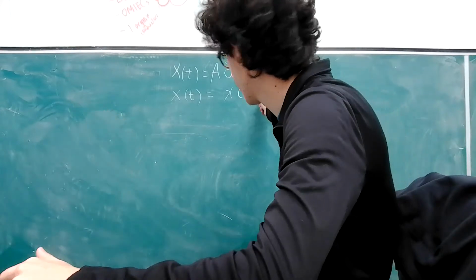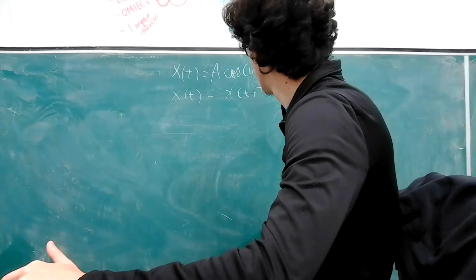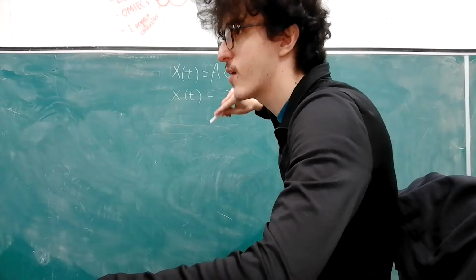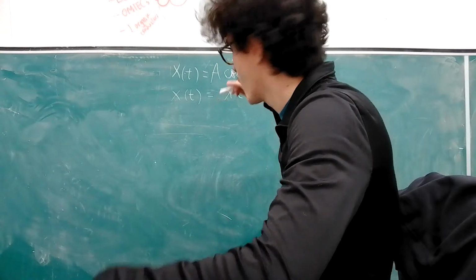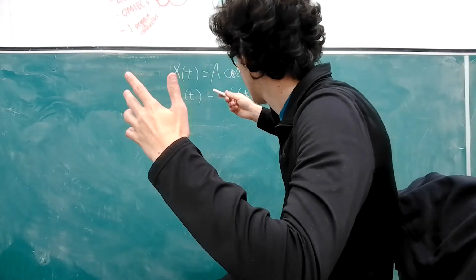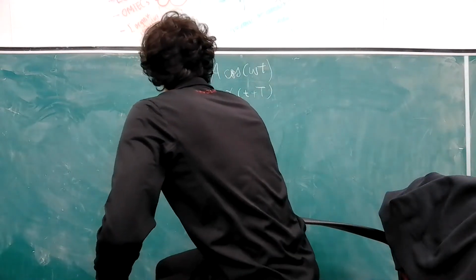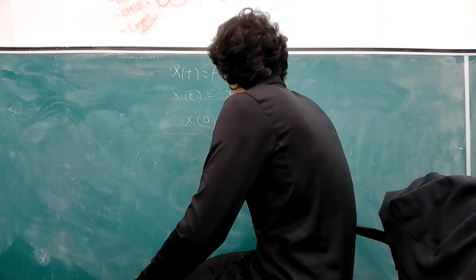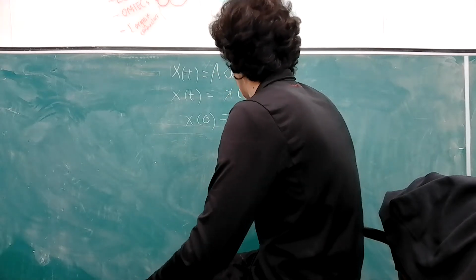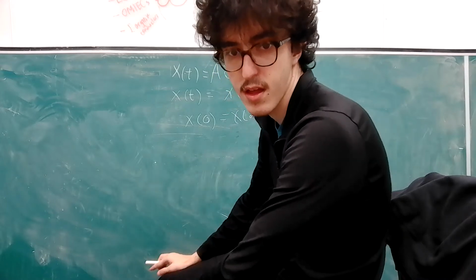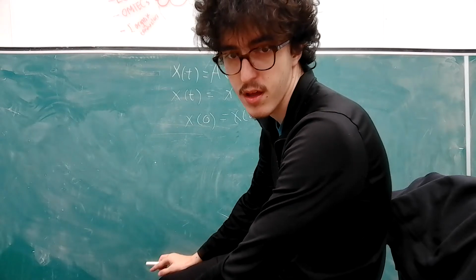All right. So you have your big T here. You also know that a cosine or a sine function goes through an entire cycle over 2 pi radians. So you have x of 0 equal to x of 2 pi, whatever.